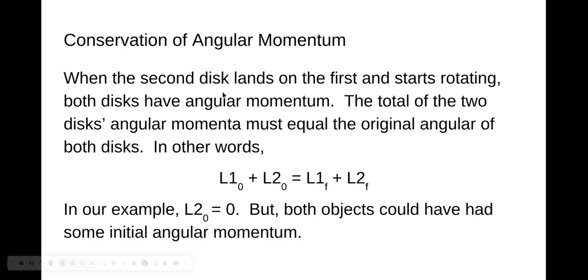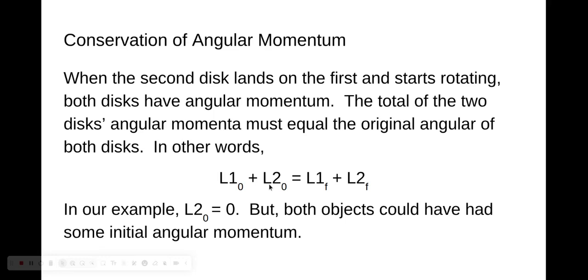So when the second disk landed on the first in that example and starts rotating, both disks have angular momentum. One of the things we just assumed, left over from an earlier video, is that whenever you have two objects and they both have angular momentum, the total is just the sum.